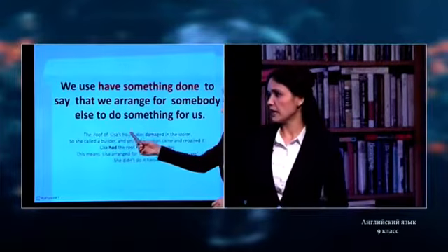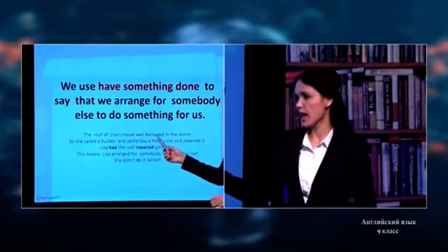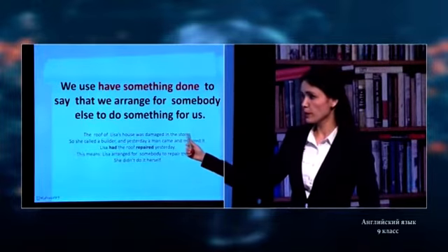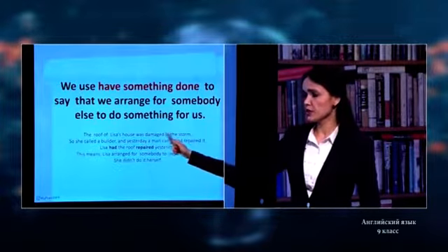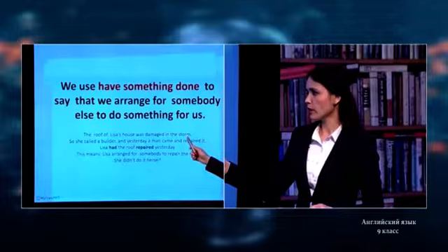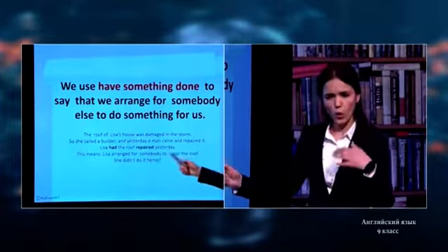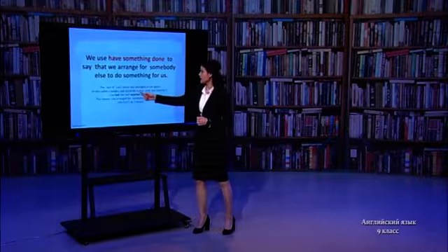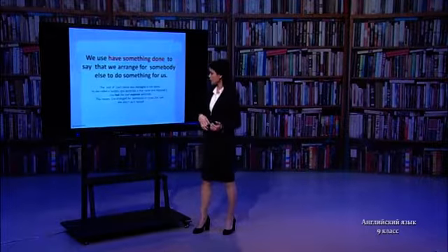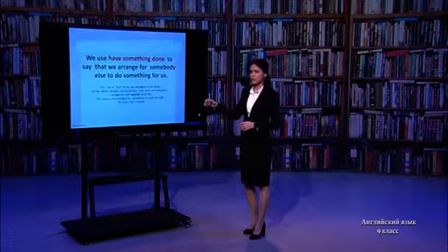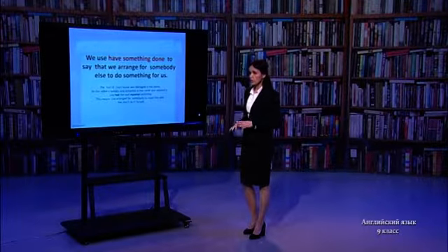The roof of Lisa's house was damaged, broken in the storm. So she didn't do it on purpose. It was broken in the storm. So she called a builder, and yesterday a man came to her house and repaired it. Lisa had the roof repaired yesterday. That means she didn't do it herself.